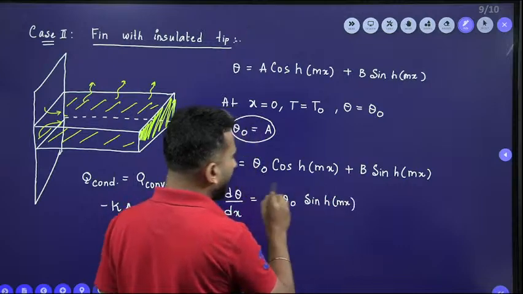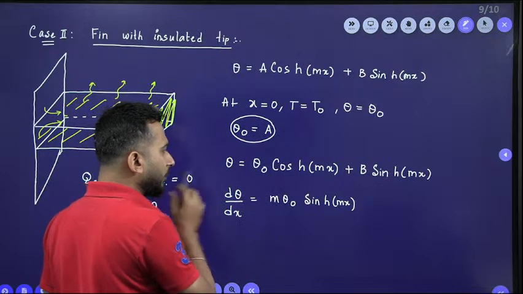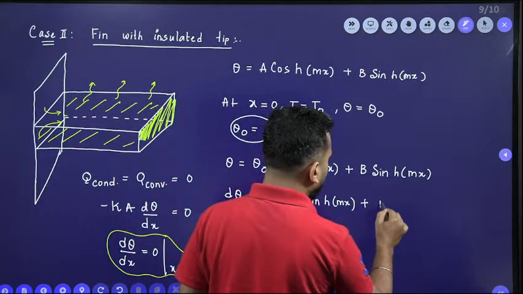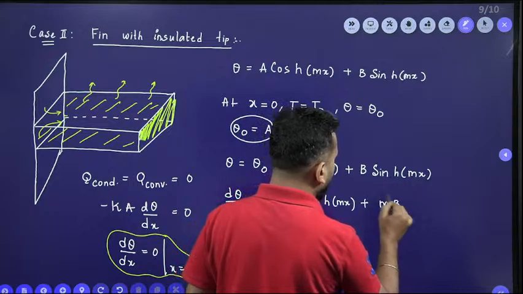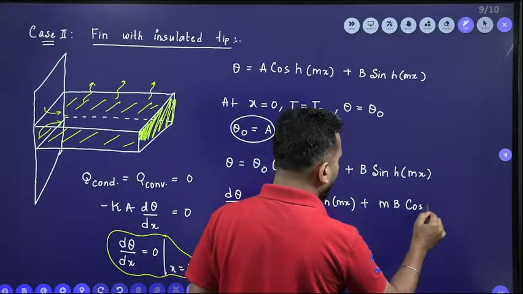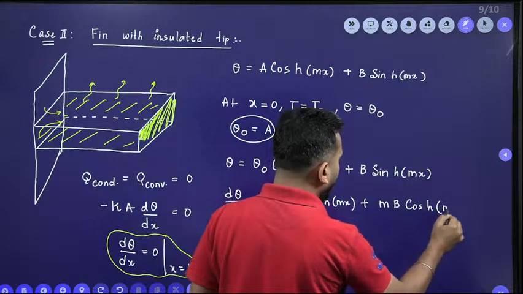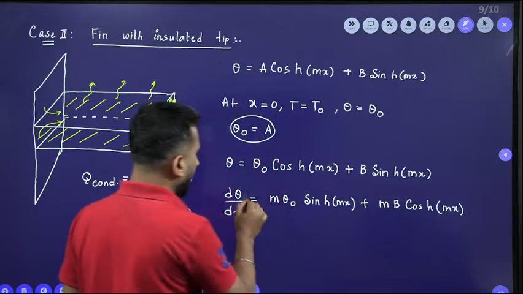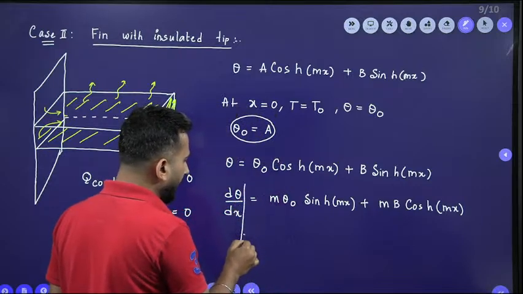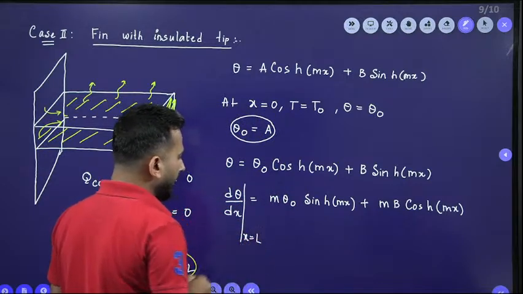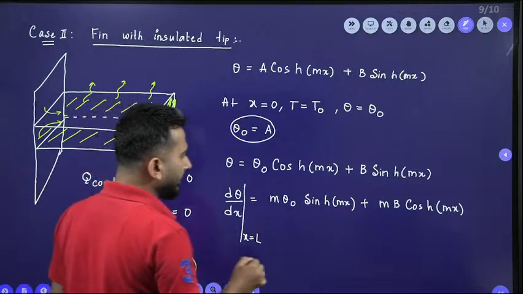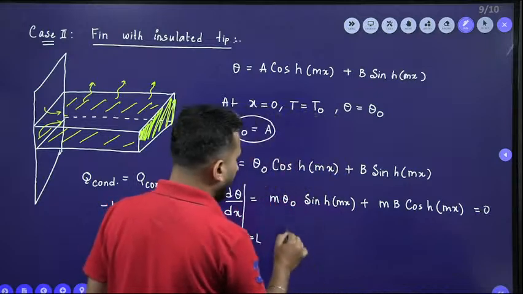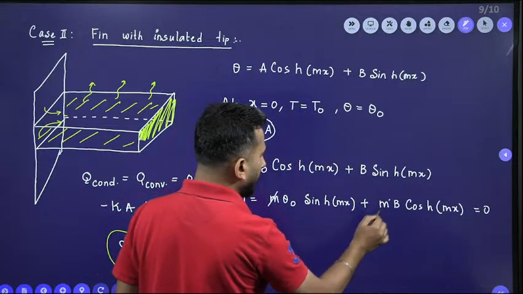Now don't write minus, in case of hyperbolic it is cos ka sin, sin ka cos, plus mb, minus mx, and if you find out at x equal to L, it will be 0. So I can write, acha, m and m gets cancelled.